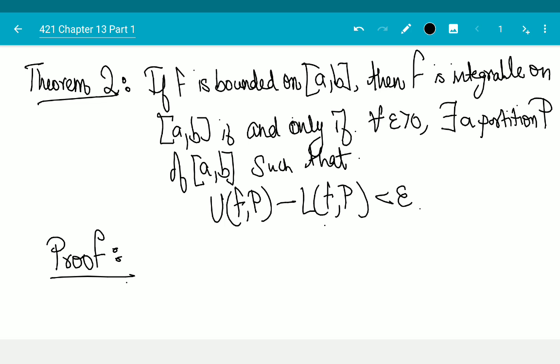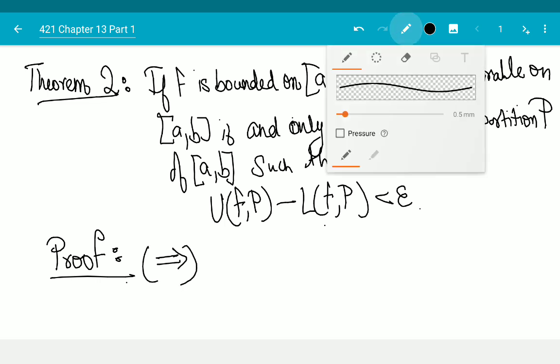So let us show that. If and only if basically means a double implies. So we will first show that integrable implies there exists a partition.